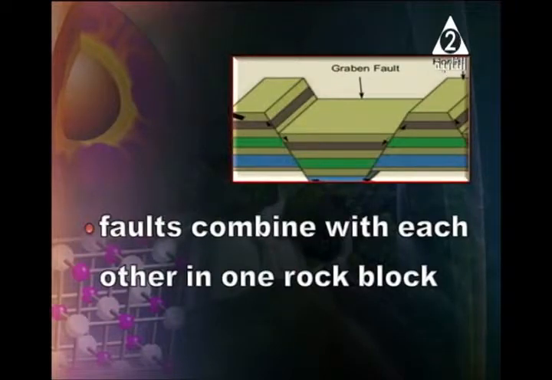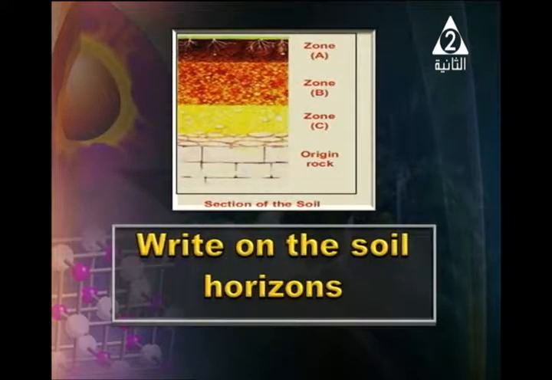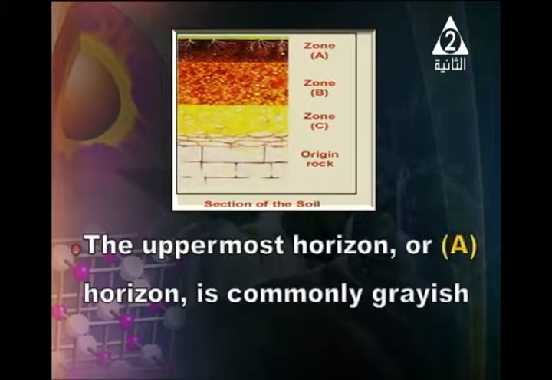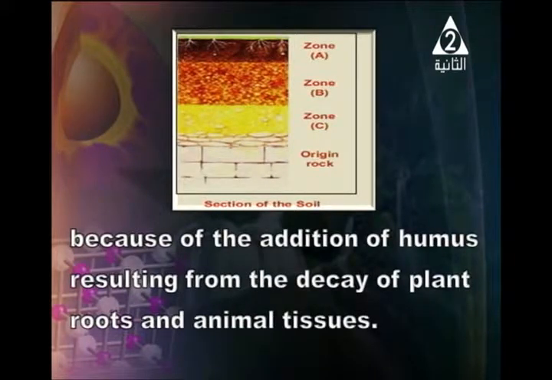Now let's go to the next diagram. As you see, the question is about the soil horizon. As you know, we have an upper horizon and we call it the A horizon. It's commonly grayish in color because of the addition of humus resulting from the decay of plant roots and animal tissue.